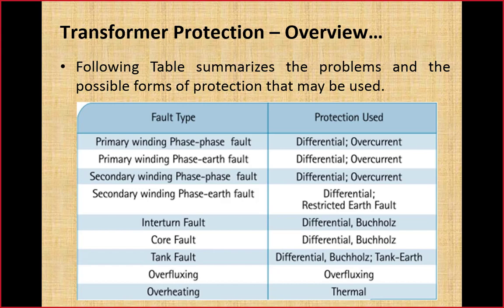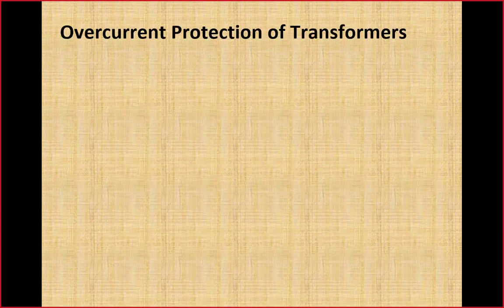Now we will discuss these schemes in a bit more detail. Here is the first type of protection that we apply to the transformer, that is overcurrent protection of the transformer. Now what are the reasons for overcurrent in the transformer? Obviously the first one is an excessive overload condition. Second is a winding fault within the transformer.